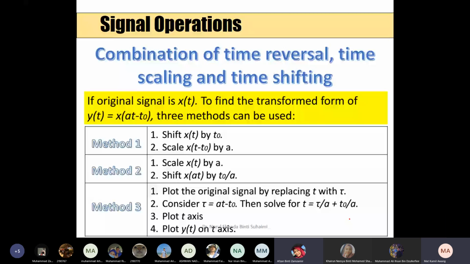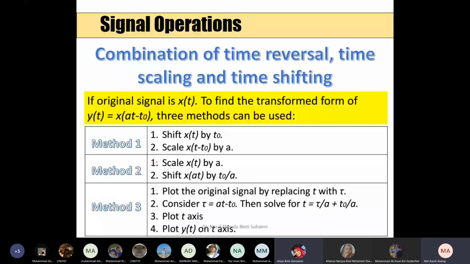So the combination of time reversal, time scaling, and time shifting. If the original signal is x of t, find the transformed form, y of t is equal to x of a t minus t naught. So three methods can be used.